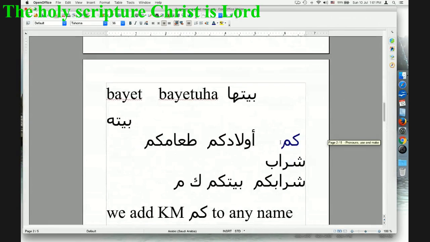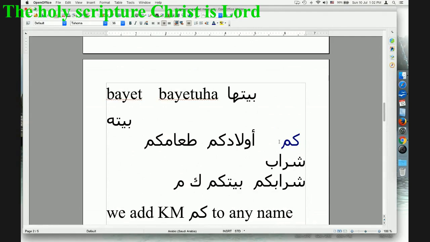And we took how to use kum, which is something we add at the end of any name or object, and that will make it belong to them. All right. So I want to say this is your house. I say baytakum.